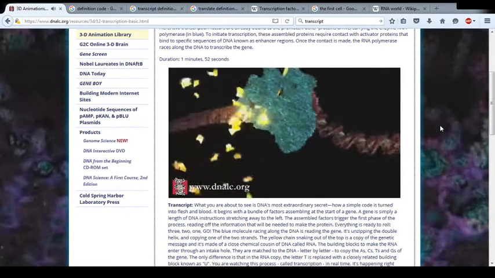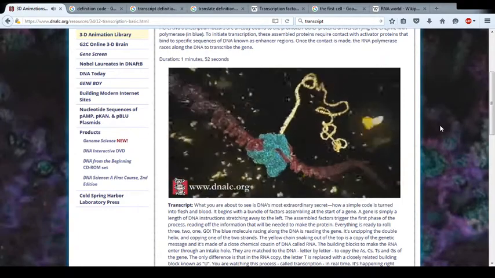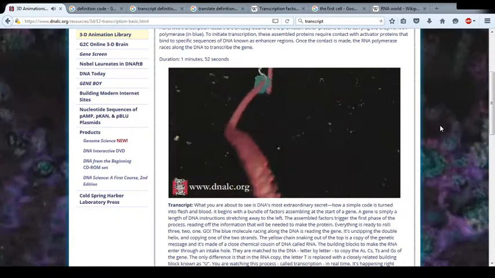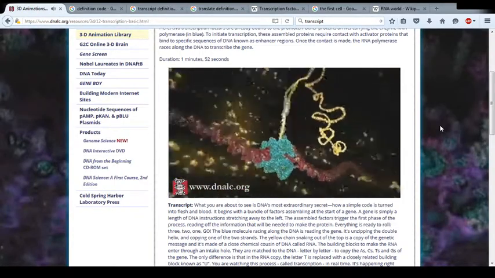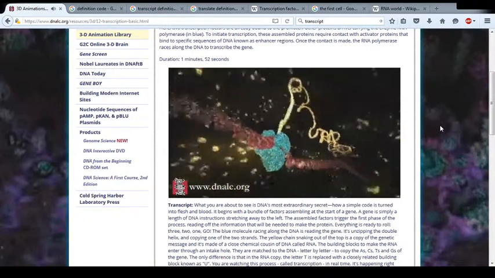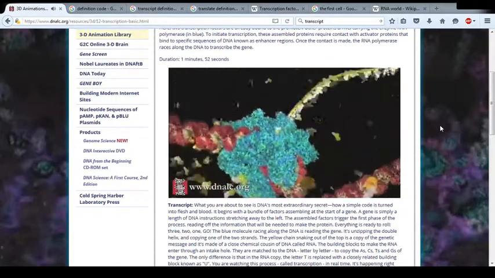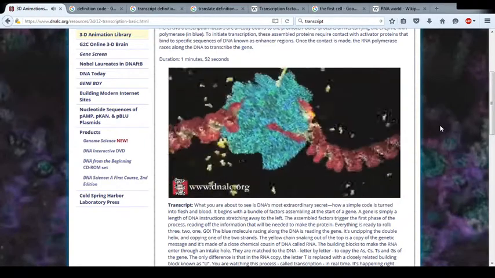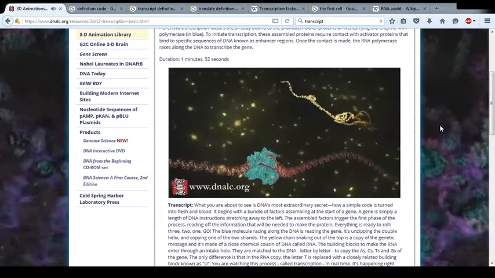They are matched to the DNA, letter by letter, to copy the A's, C's, T's, and G's of the gene. The only difference is that in the RNA copy, the letter T is replaced with a closely related building block known as U. You are watching this process called transcription in real time. It's happening right now in almost every cell in your body.